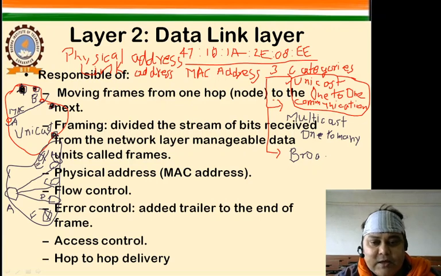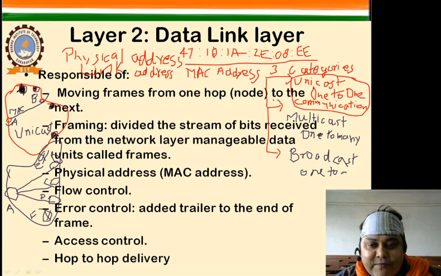In this condition, one system communicates with all the end users which exist at that time. So it is called broadcast. It means one to all.